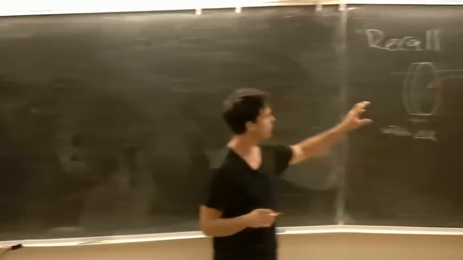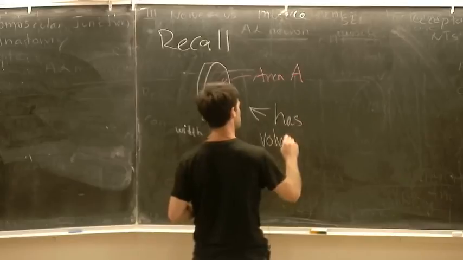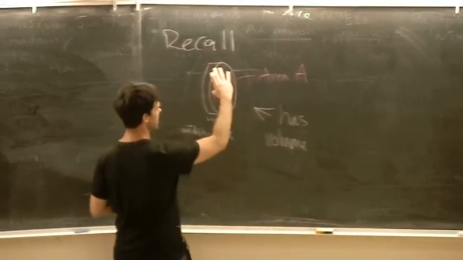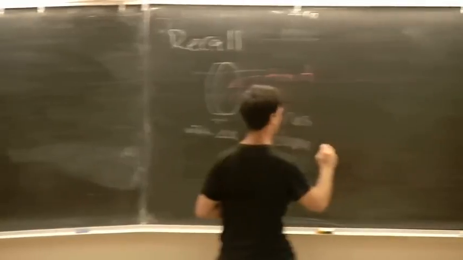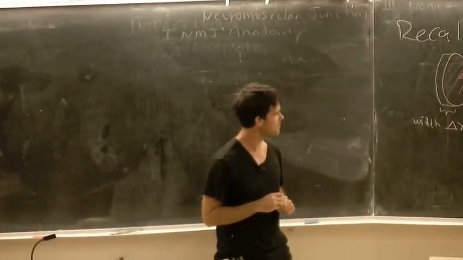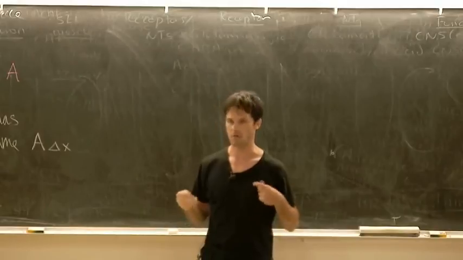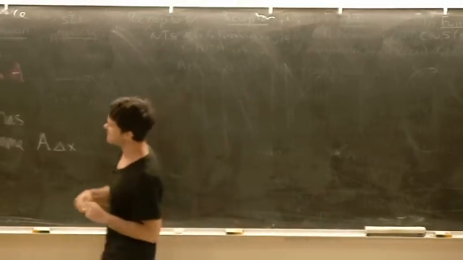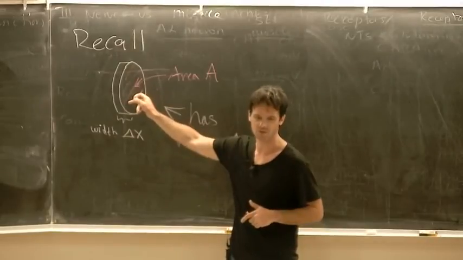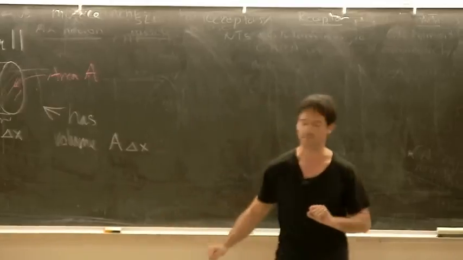In that case, what's the volume? It's the area of the face times the width. So it has volume A delta x. This is actually just the formula for the volume of a cylinder or a right cylindrical shape. In fact, the face here doesn't even have to be a circle, but for this example, it more or less looks like a circle, so that'll be fine for my purposes.